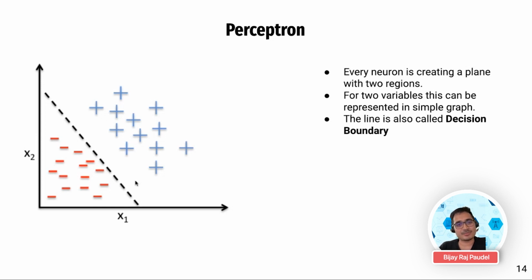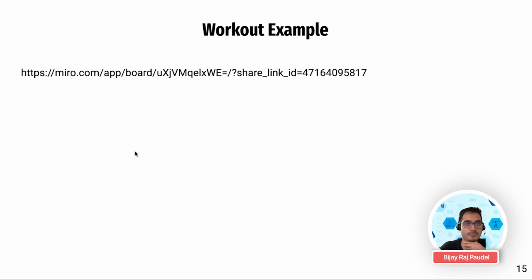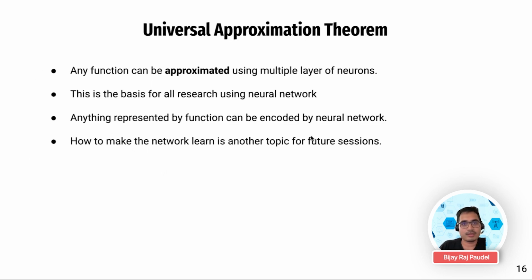And this line is also sometimes referred to as the decision boundary. So this defines whether the neuron output is 1 or 0. So this all comes from that perceptron model. So that is the basics.